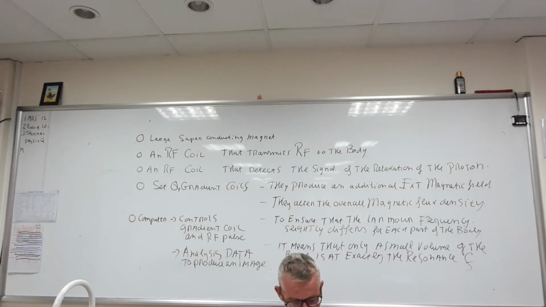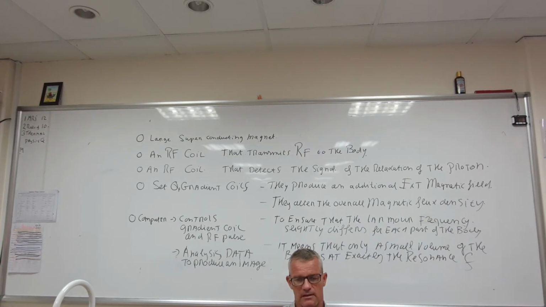Okay, some disadvantages are that it has an effect on metal body parts in your body, and pacemakers. They are going to be heated up. It's very uncomfortable, and it could have an influence on the pacemaker.